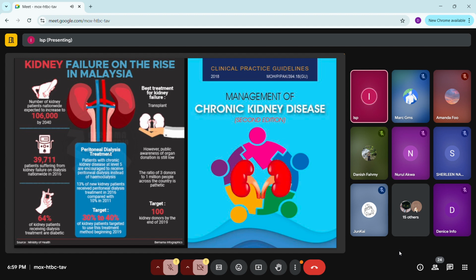The kidney failure incidence and prevalence is on the rise and increasing, partly because our other metabolic giants like diabetes, hypertension, and dyslipidemia are on the rise as well, and all those are the precursors of chronic kidney disease.